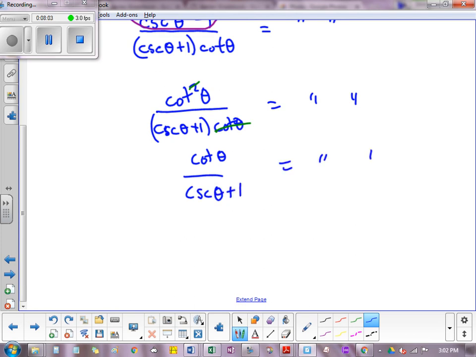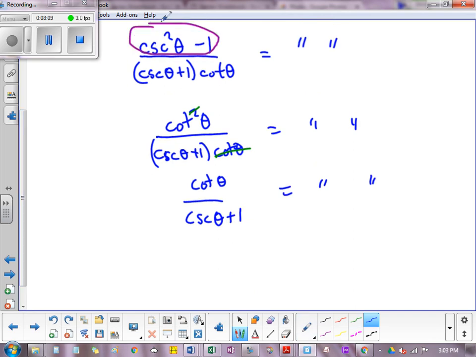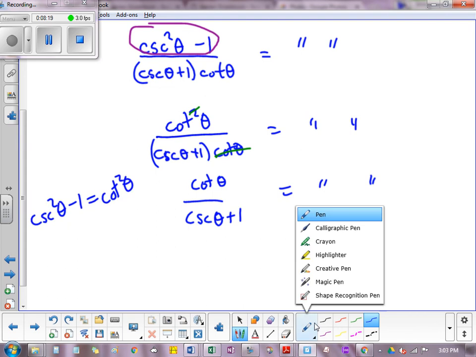Now, some of you paused the video and peeked at your identity sheet, and you're probably mad at me right now. You're thinking, wait a minute, there's no cosec squared theta minus 1 equals cot squared theta rule. Well, you're right.